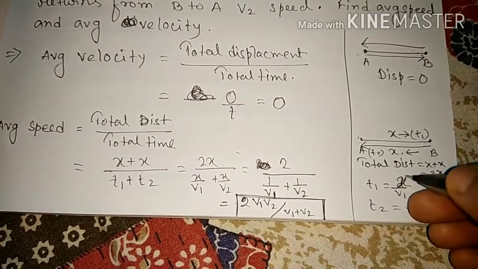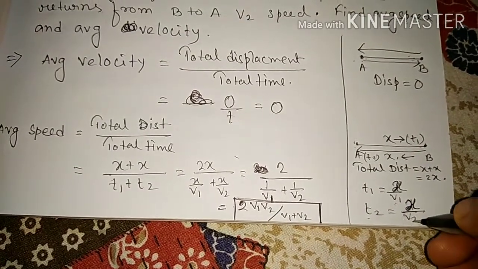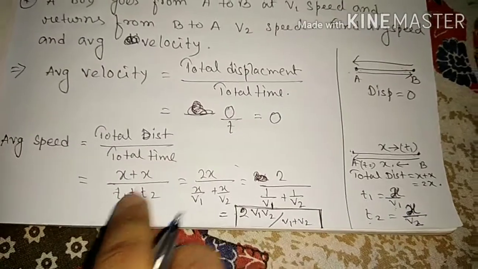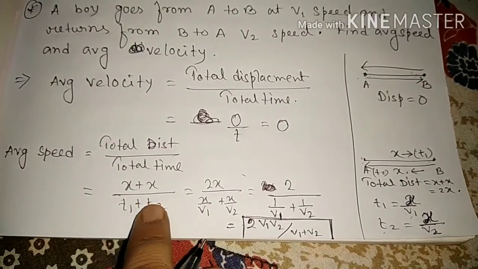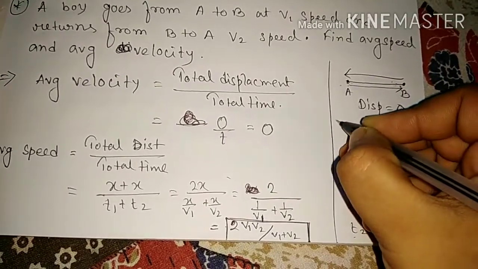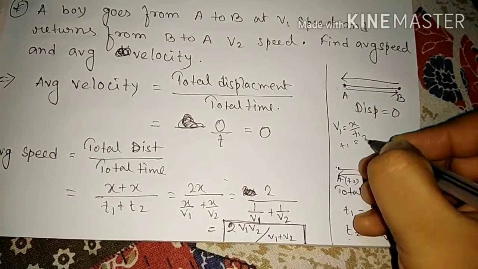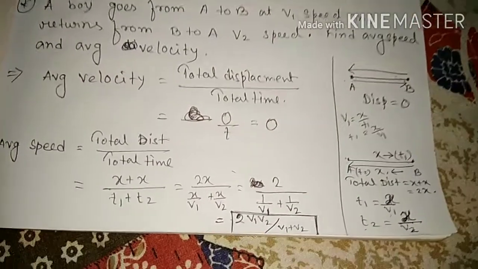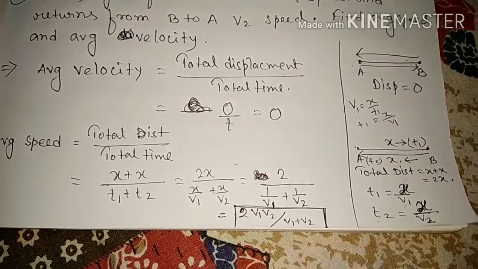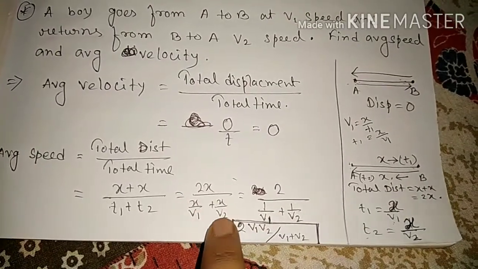So time equals displacement by velocity: t1 equals x by v1, and t2 equals x by v2. So the average speed is (x plus x) by (t1 plus t2), and in place of t1 and t2 we can write x by v1 and x by v2. Did you understand this one? Velocity v1 means x by t1, so t1 equals x by v1. This is from the definition of velocity.